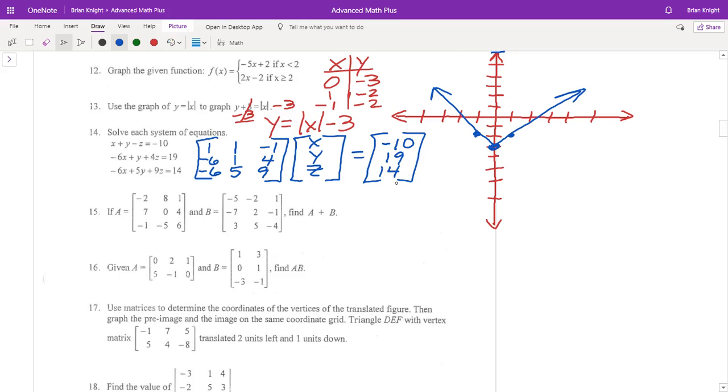Okay? So, in your calculator, we're going to let this be a matrix, and I'm going to do the inverse of it. Let me get rid of that graph. We don't really need it anymore.